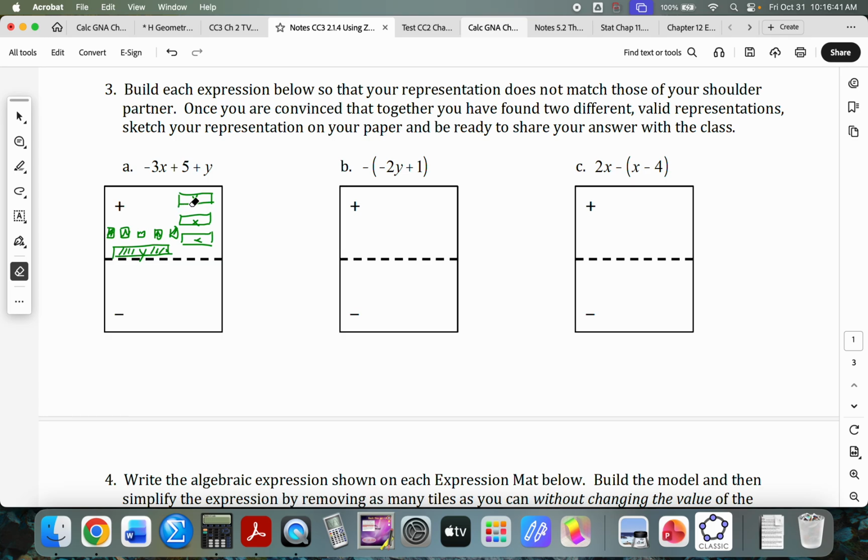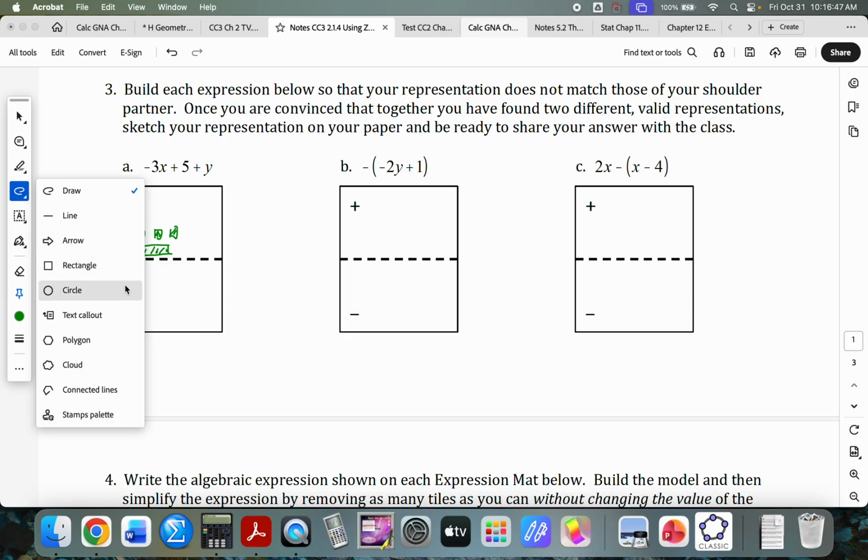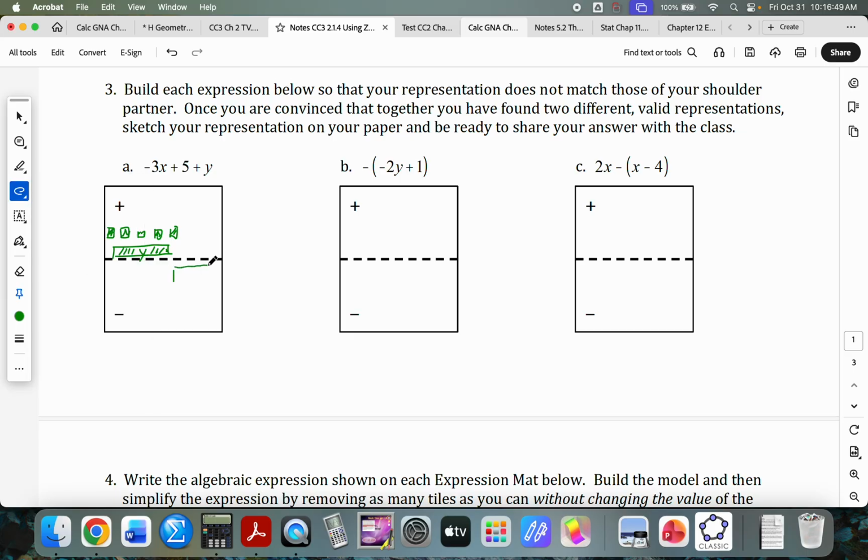Oh, okay. So you have 3 positive x tiles in the negative region? Yes. That absolutely works. Good. All right. Let's go on.